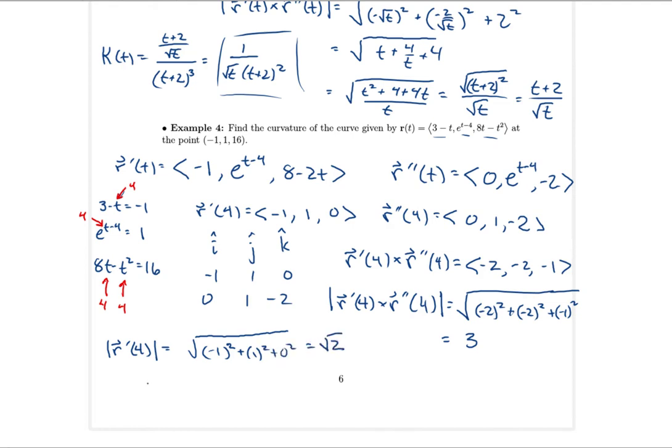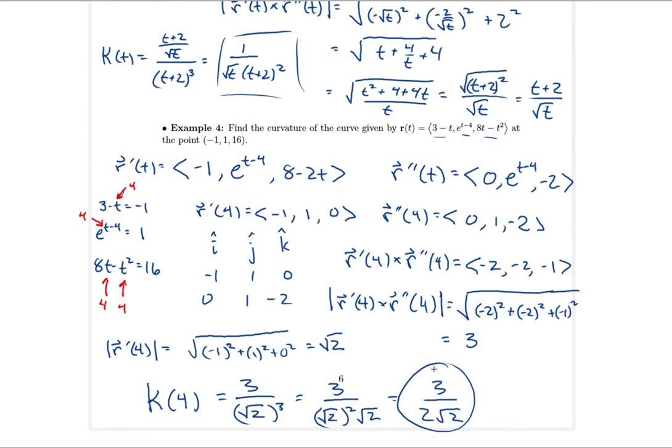So then my curvature at 4 is going to equal 3 divided by the square root of 2 cubed. And the square root of 2 cubed is the square root of 2 squared times the square root of 2, so that's just 3 over 2 roots of 2. And that's my curvature at that particular point on the curve given.